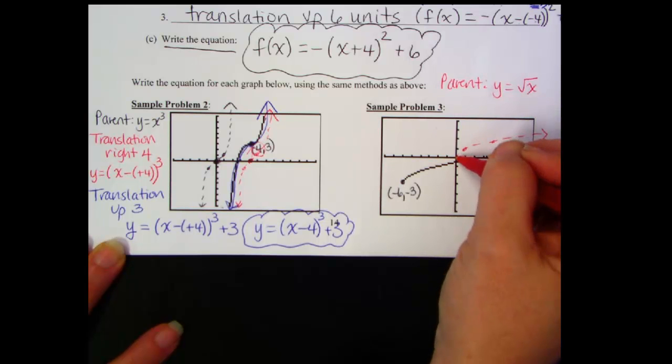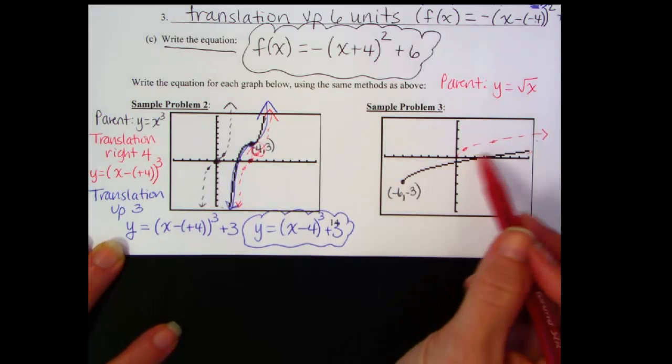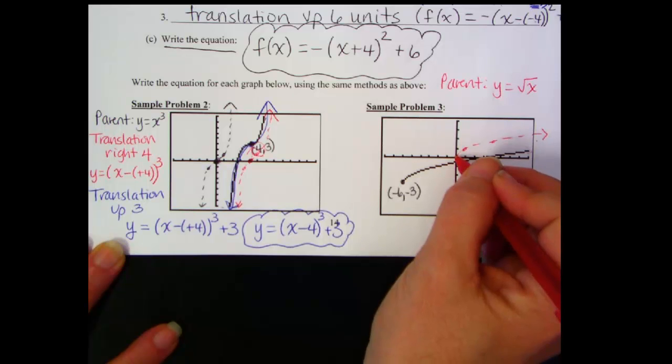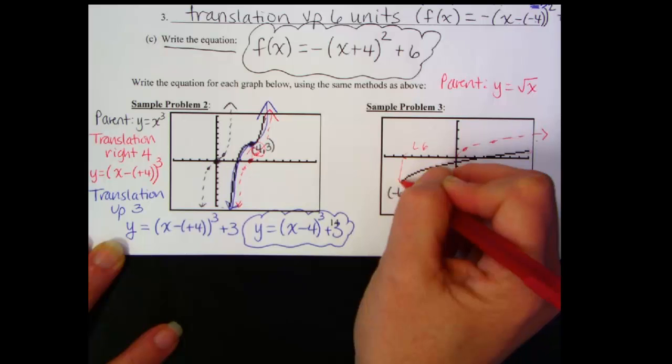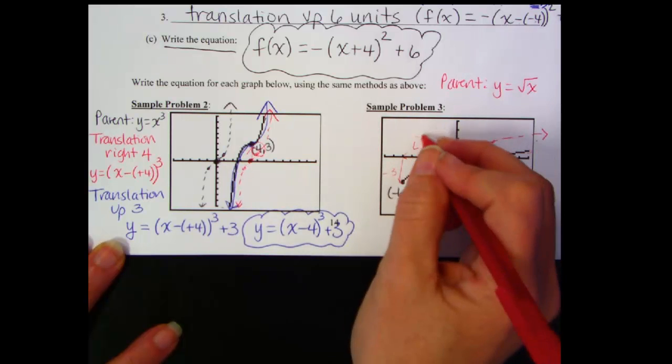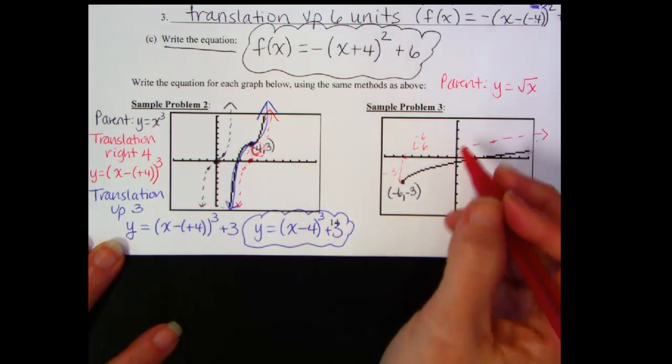Now, what's happened to this parent to land in its final spot? Well, it's moved left 6 units and down 3 units. Left 6, down 3.